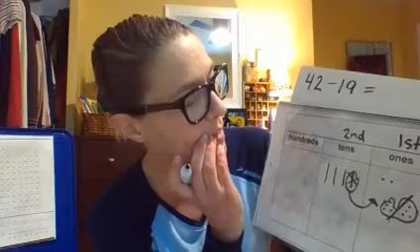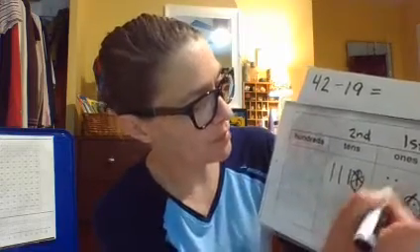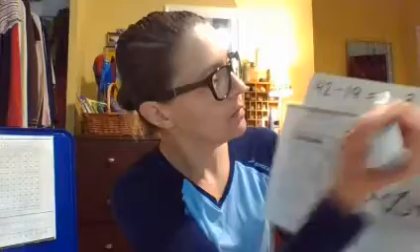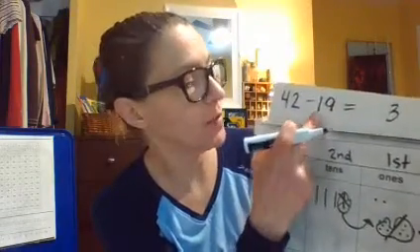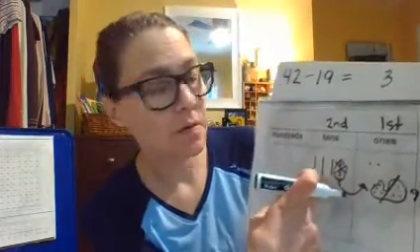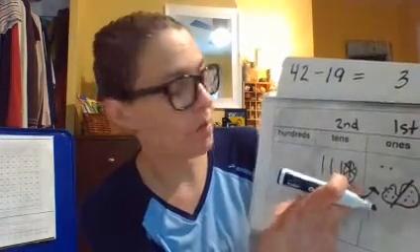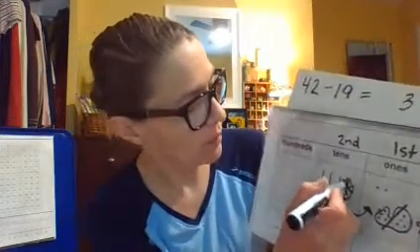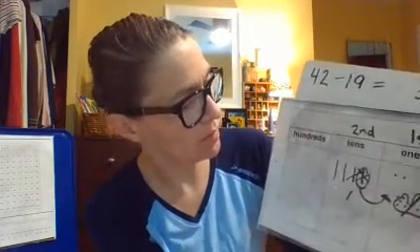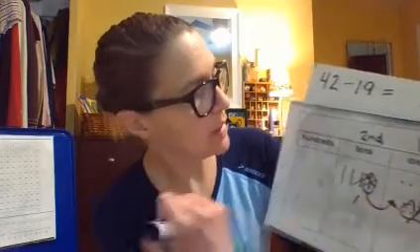That leaves me with 3 in the ones. Then I can't forget that I still have to take away this 1 ten from here. It's different than the one I broke apart to take away the 9. So now I will minus 1 ten, and there is my 19.